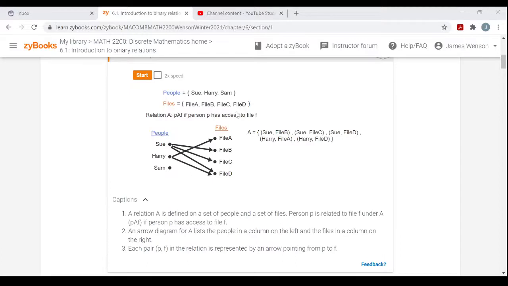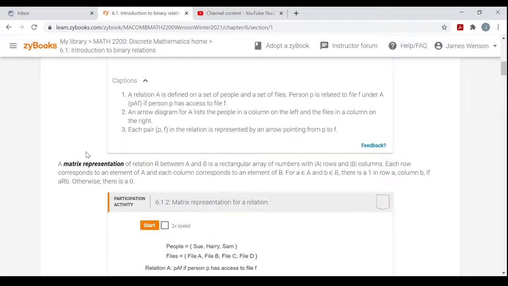You can write it out in words, like they did here, the description. You can make an arrow diagram. You can write it as a set of ordered pairs. And one other way we're going to see to represent a relation between two sets is by using a matrix.